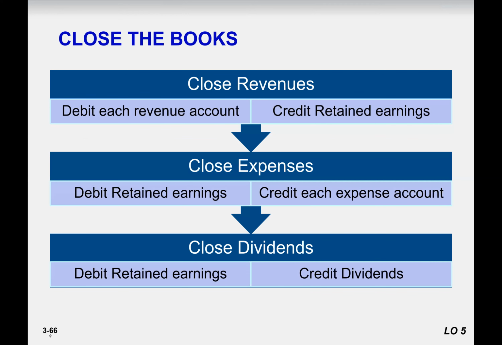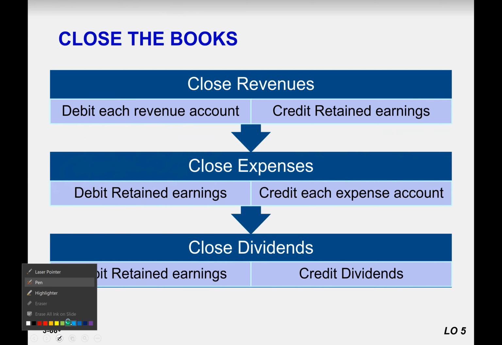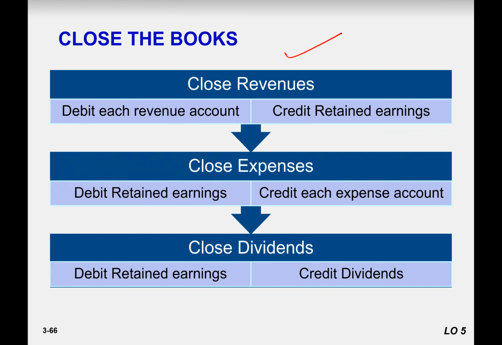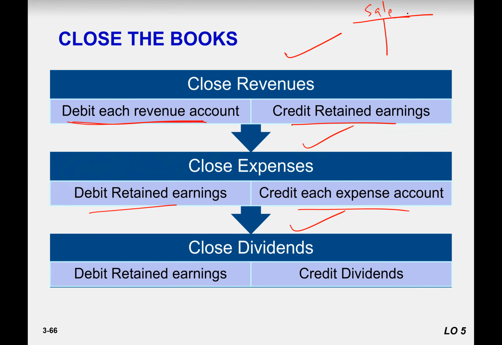So now let's proceed. Here we go. So closing the books means close the revenue, close the expenses, close the dividend. So you don't have to memorize all these transactions, what should be the debit, what should be the credit. Follow the logic. When we sell the item, our sale or revenue account is credited.